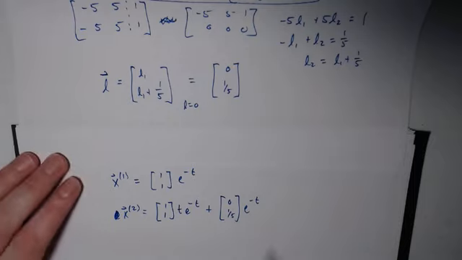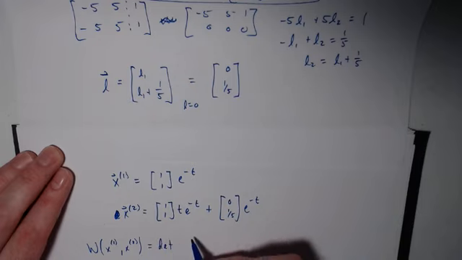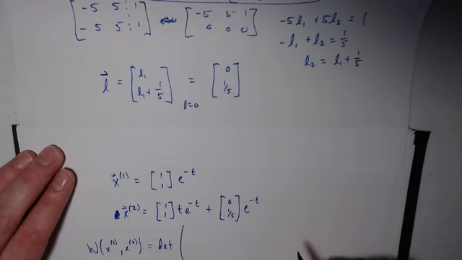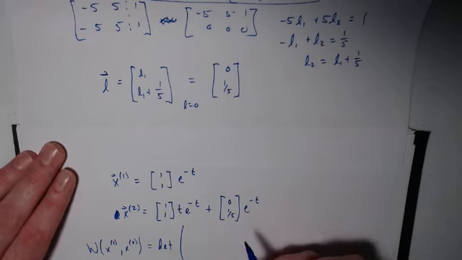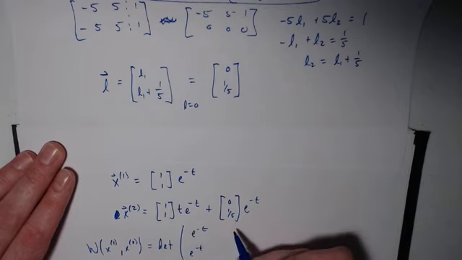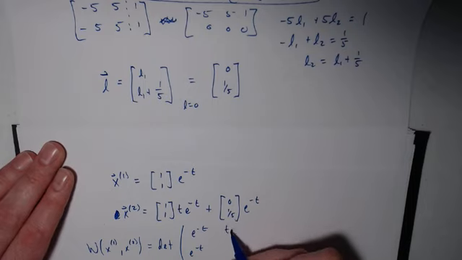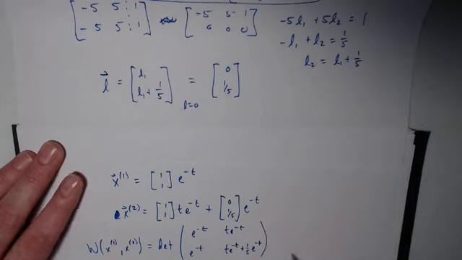We can check real quick, if you'd like, the Wronskian of x1 and x2. That is the determinant of, let's see, e to the -t, e to the -t, and then t e to the -t, t e to the -t plus 1/5 e to the -t.